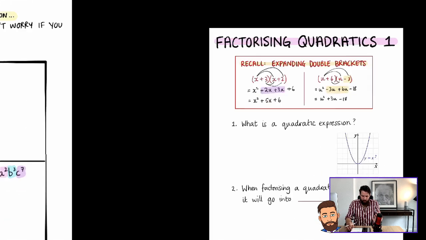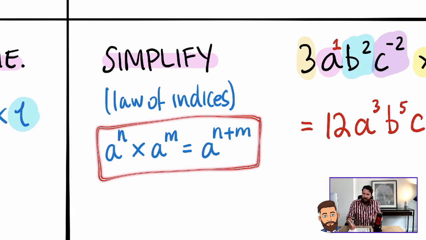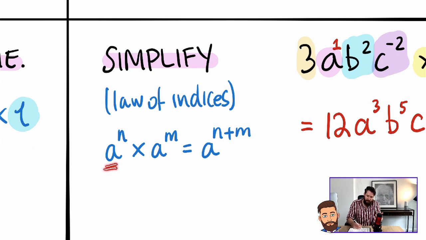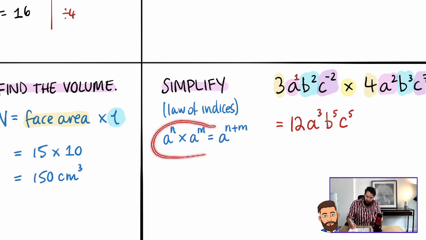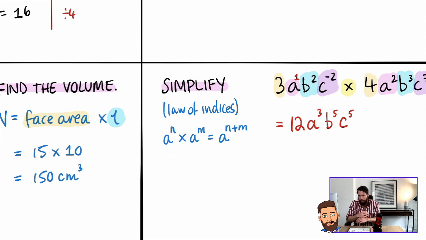So for example, you've seen that already today. I recalled here the indices laws where if you've got the same base multiplied together, you add the powers. And as you can see, I can take that very generic rule and apply it when I've got A as the base, when I've got B as the base, when I've got C as the base. So we're going to see if we can write down the general formula for a quadratic that will be applied to any quadratic.